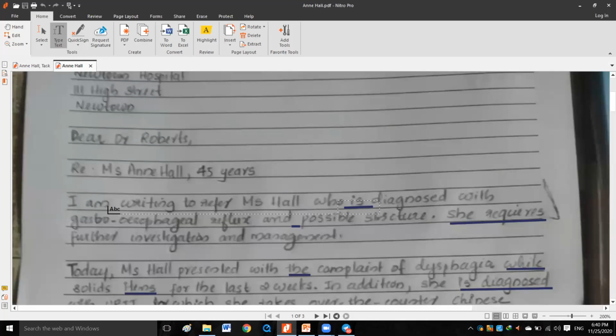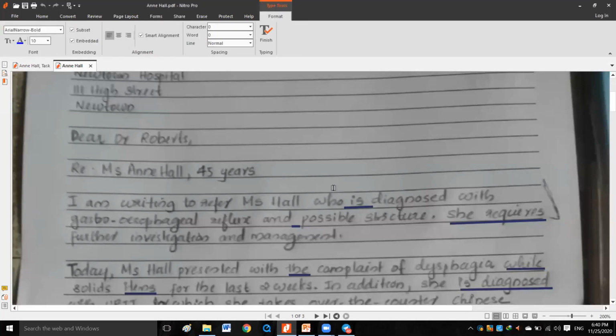Actually, for the diagnosis of this condition of this patient, it's of course correct to write in passive form, but has been diagnosed, not is diagnosed, because it's an event that already happened and is still relevant. So here, has been instead of is: has been diagnosed with gastroesophageal reflux and possible structure.